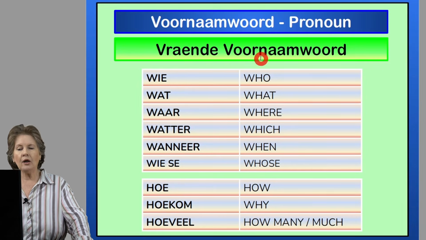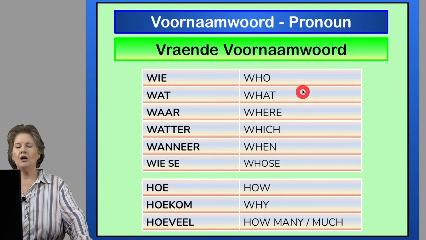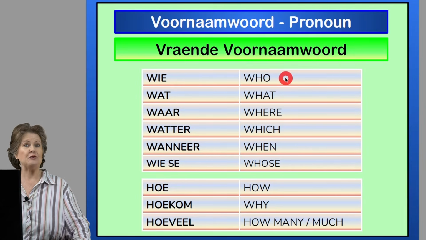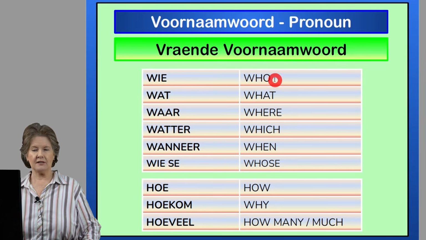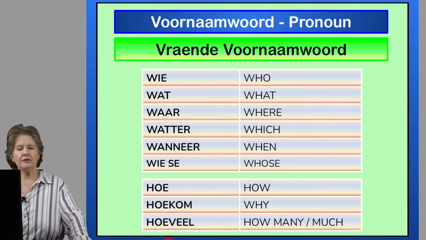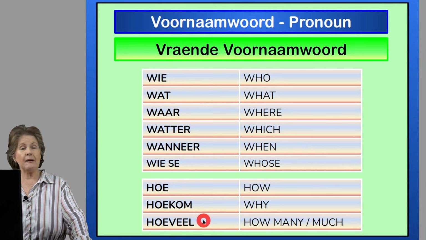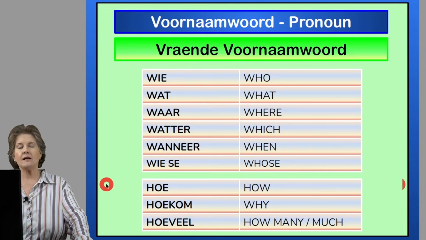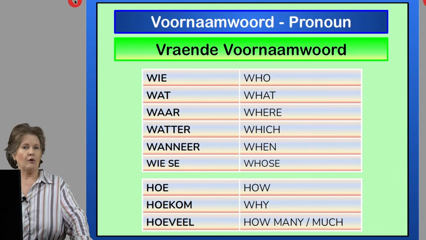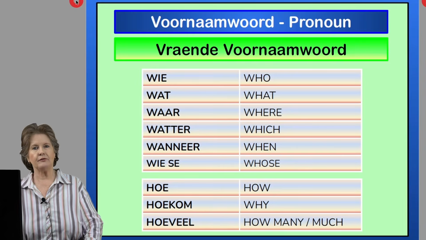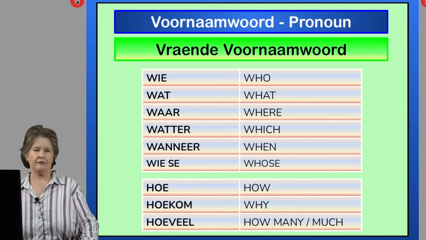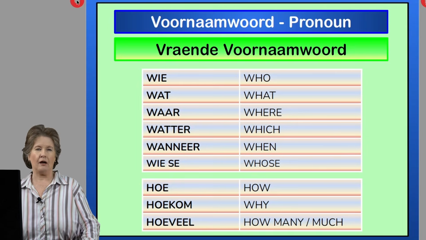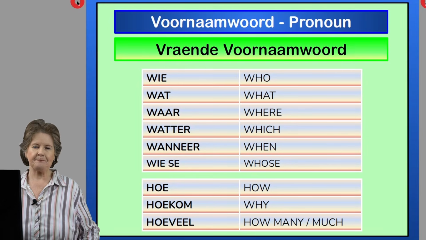You need to close the first column, look at the English word, and you need to know what who is in Afrikaans. I'm not really going to go through this, but to say that this is most important for Afrikaans, for your essay writing, for your literature, for your exams. You need to know the vraende voornaamwoord, the Afrikaans of the English meaning.